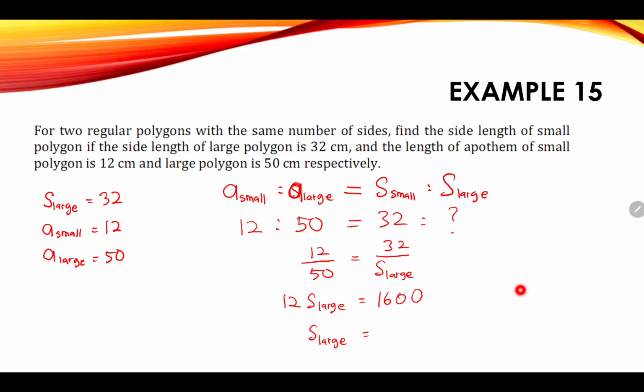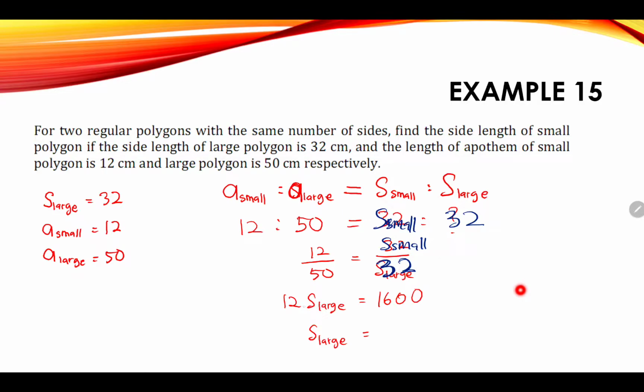Oh sorry, dekat sini saya dah salah sebab saya masukkan S large. S small ni yang kita nak cari. S large yang kita dah tahu 32. So dekat sini S small divide by S large, which is 32.